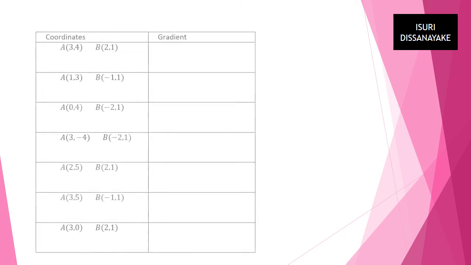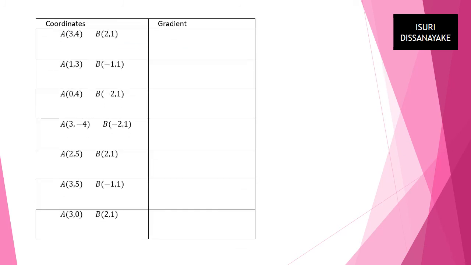Look at the next one. In this table, I have given the coordinates of some pairs of points. You're going to find the gradient using the previous formula. What's that equation? m equals y2 minus y1 over x2 minus x1. Let's work out the first one.